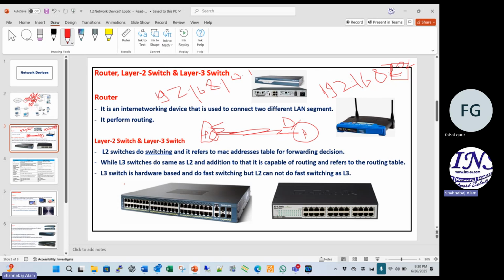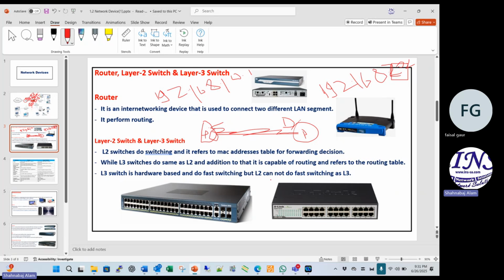A layer 3 switch is hardware based and does fast switching, but layer 2 cannot do fast switching like layer 3. Compared to layer 2, layer 3 is also reliable, and layer 3 is also costly.